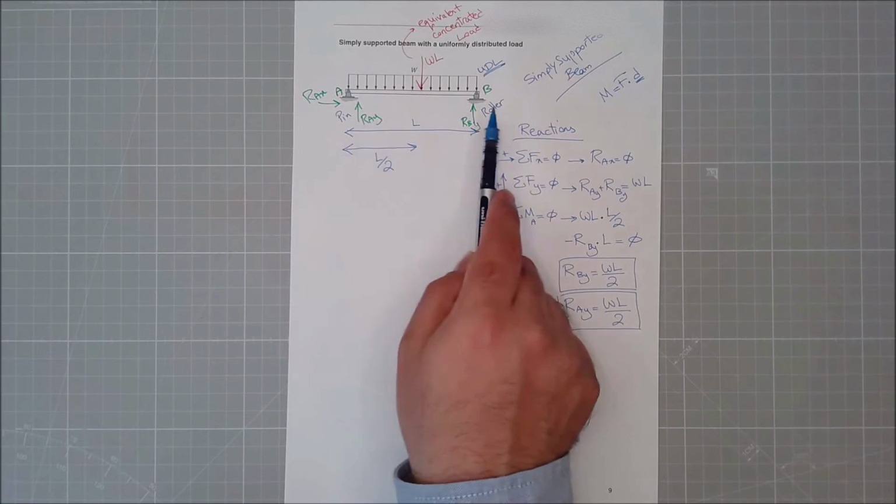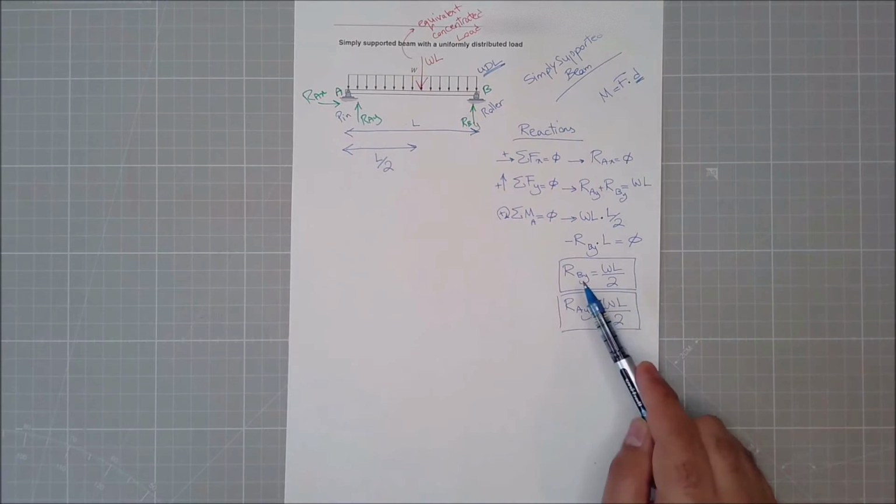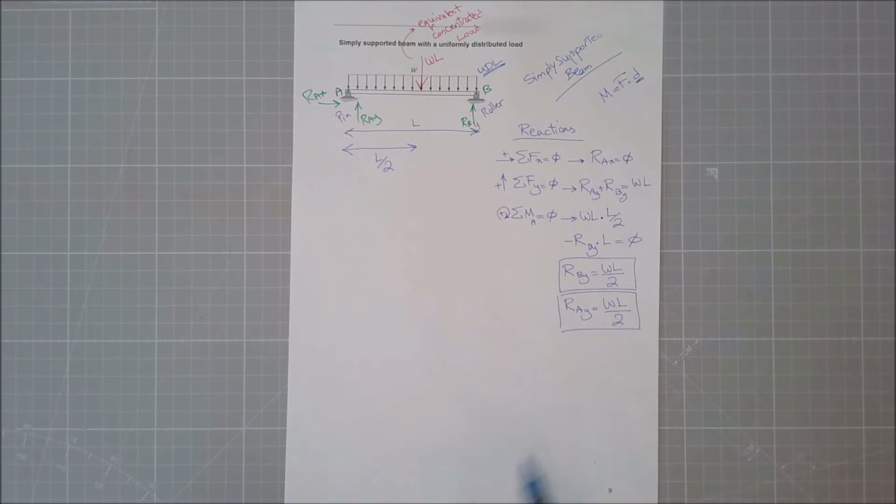Half of it for this, half of it for this. If that load is WL, half of it will be for this, half of it for this. So you can either follow the right way and calculate it, or you can say it's symmetric and I can see that it is half of it.